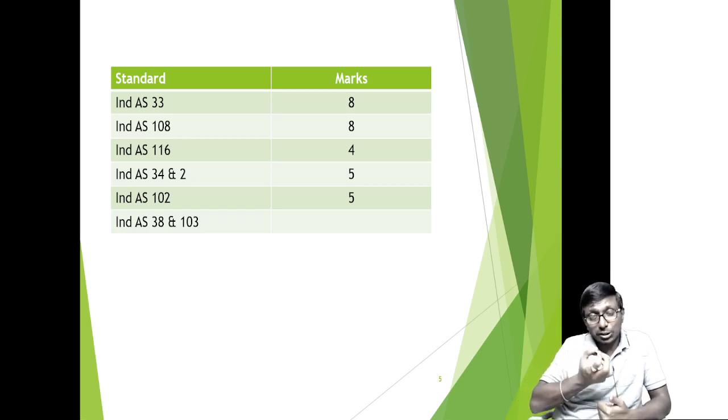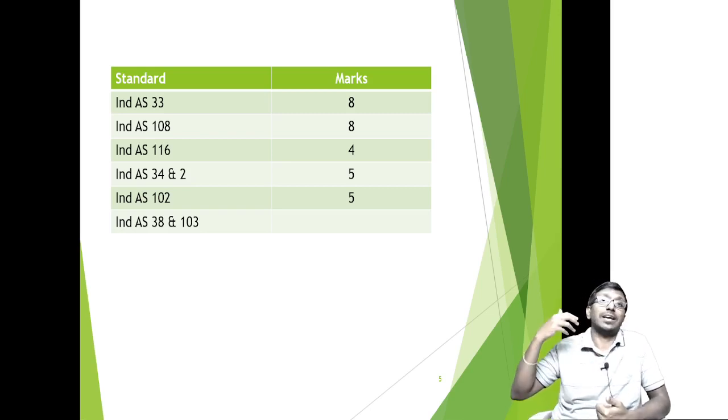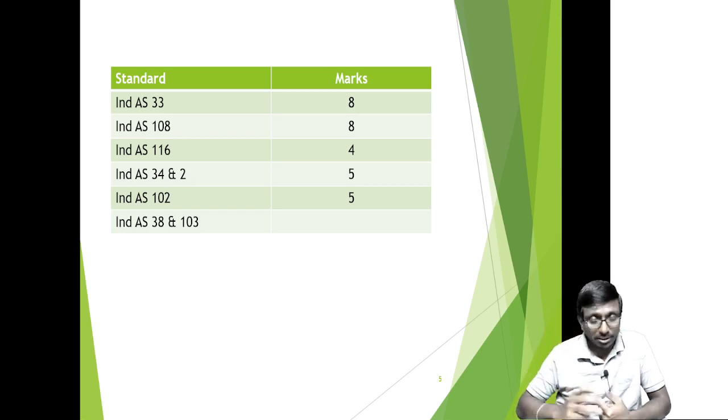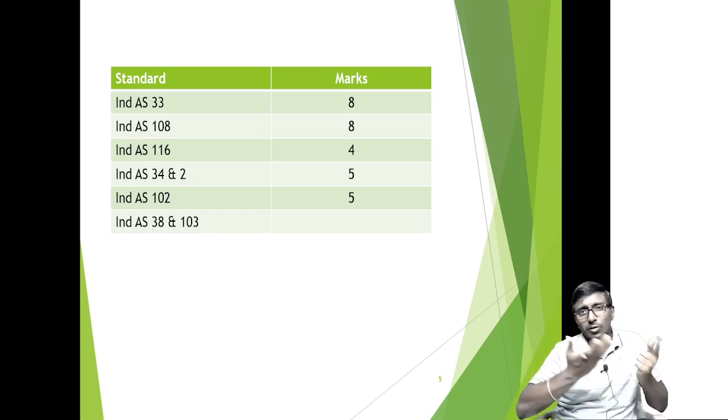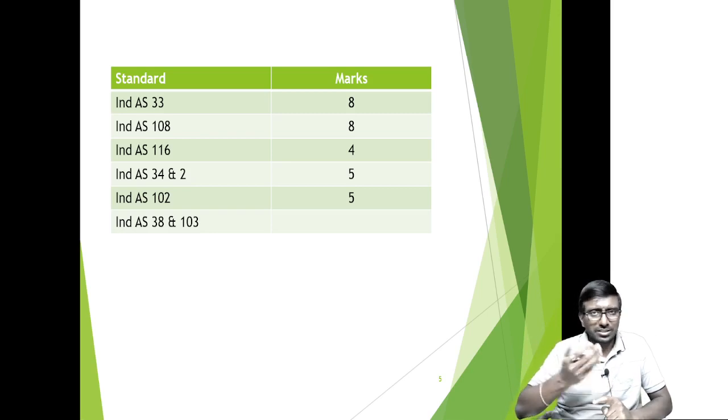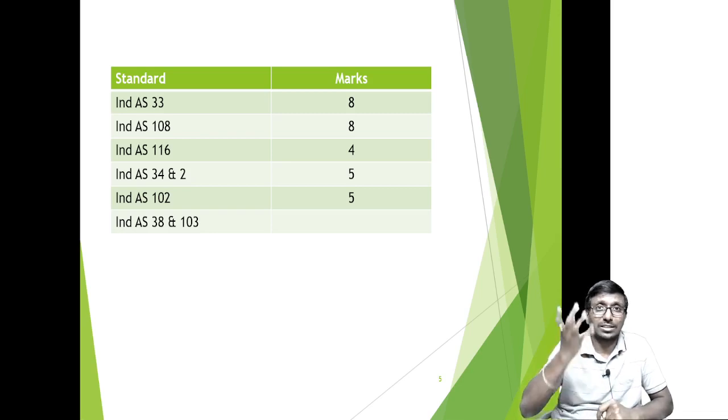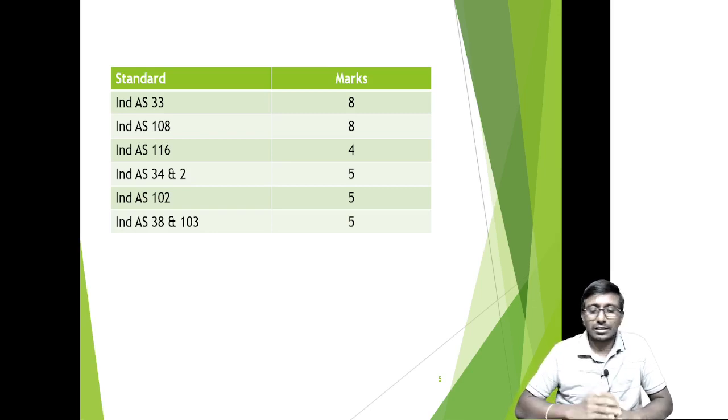That intangible asset has not been recognized by the selling company, and they have given the fair market value. As per the standard, you are supposed to recognize all identifiable assets and liabilities at fair market value. Just to touch upon that small concept, they have asked one small question, again for 5 marks. Right.